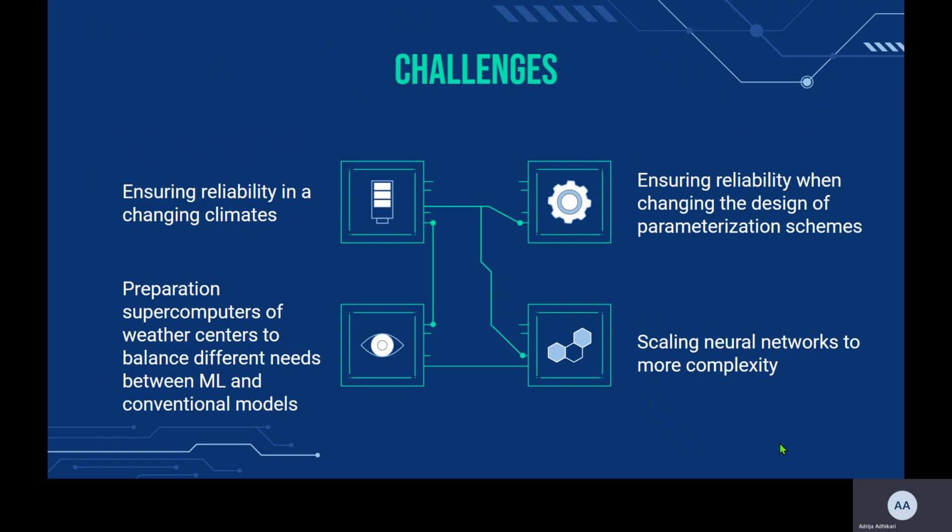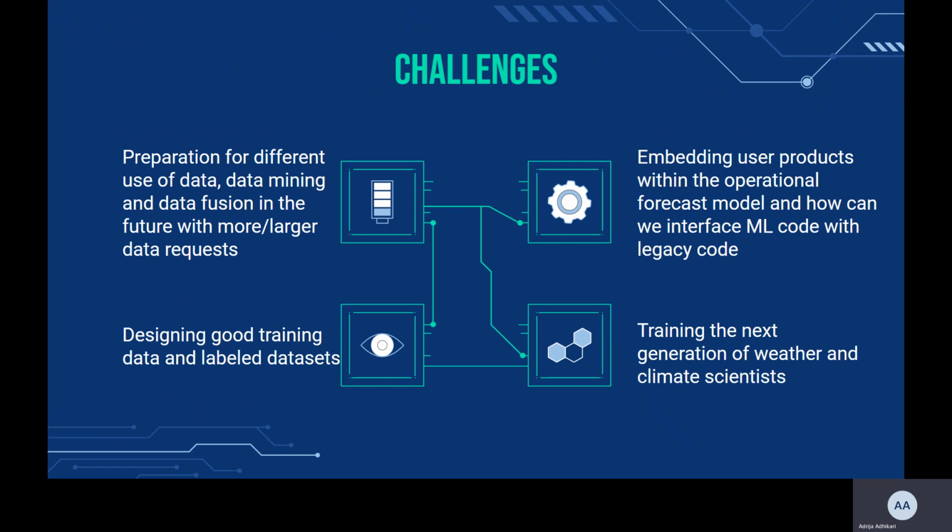The next set of challenges are ensuring reliability, because the climate keeps changing and we need to ensure that our models work throughout. The next is ensuring reliability when changing the design of parameterization schemes. Also, preparation of supercomputers of weather centers to balance different needs between ML and conventional models, and scaling neural networks to more complexity.